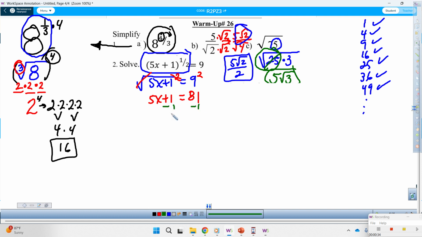Subtract 1, subtract 1. That leaves us with 5x equals 80. And what's our last step, Natalia? Divide by 5, divide by 5. X equals 16.